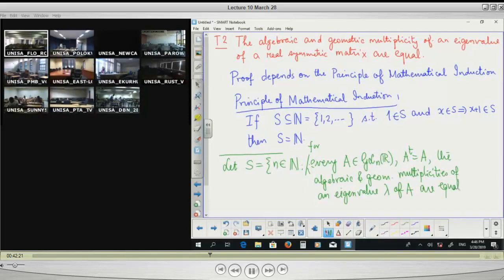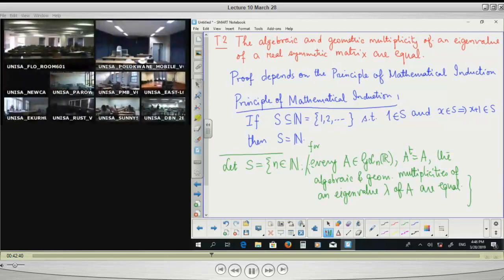So n shall be in that set if for every square matrix of order n which is symmetric, the algebraic and geometric multiplicities of any eigenvalue are the same. Okay? Good.